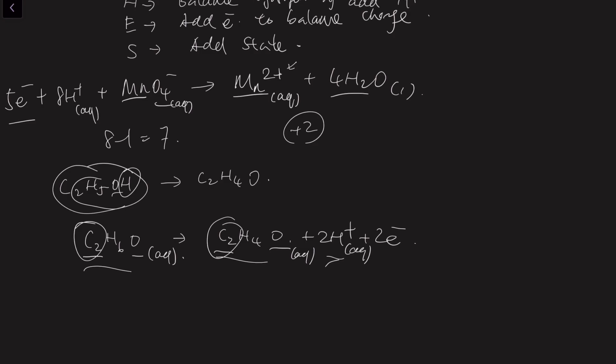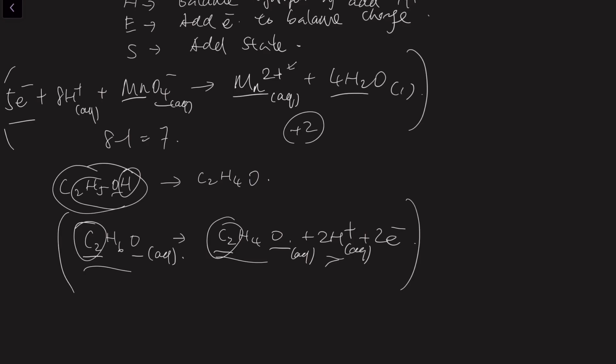We need to combine them by making sure we do not have any additional excess electrons. So now we have 5 electrons in this reduction process and only 2 electrons in this oxidation process. This is not going to work. There's no way we can create 3 electrons from nowhere.